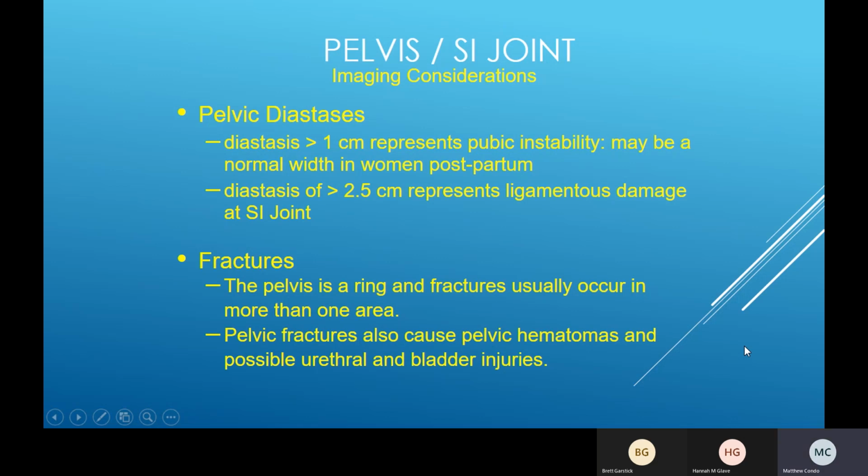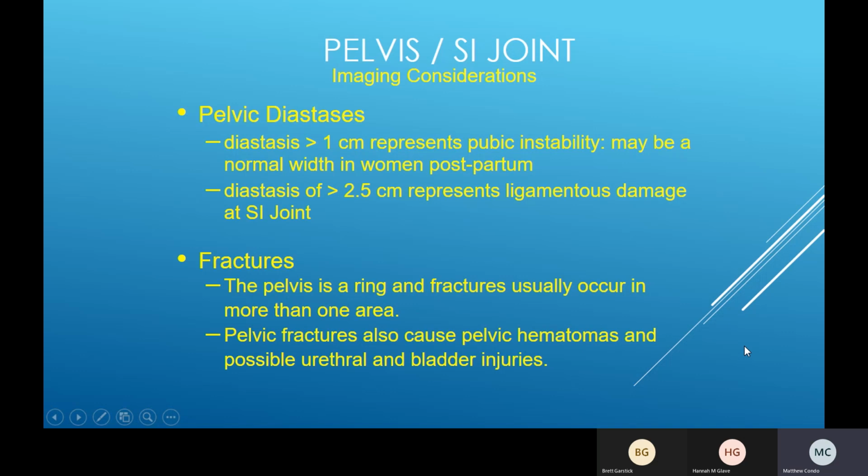I typically will see 2, 3, 4, 5, 6, maybe fracture lines with a pelvic ring fracture. This is big to remember because some of those may be very evident and some of those may not be very evident. But with pelvic ring, typically I'm going to see more than one fracture line.